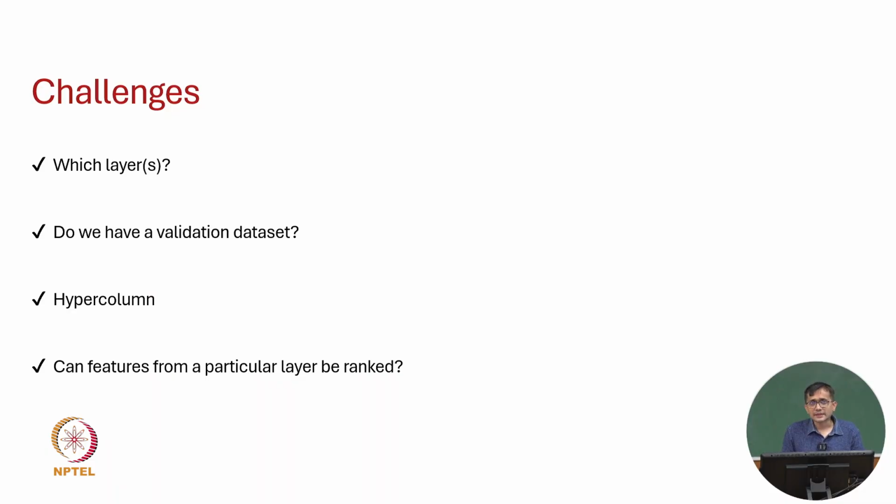One of the natural choices in this context is formation of hypercolumn of feature. That is, instead of extracting feature from one particular layer, why not take all the layers, or even if not all the layers, let's say a large number of layers.